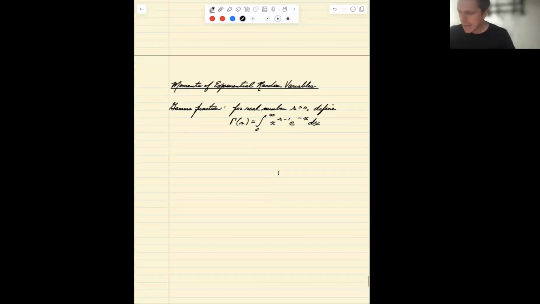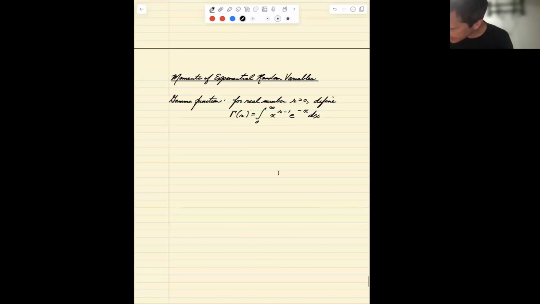Okay. And there are a few special cases that we highlight. One is that gamma of 1 is the integral from 0 to infinity of e to the minus x dx. That's 1. Another is that gamma of r plus 1 is equal to r times gamma of r. How do we see that?